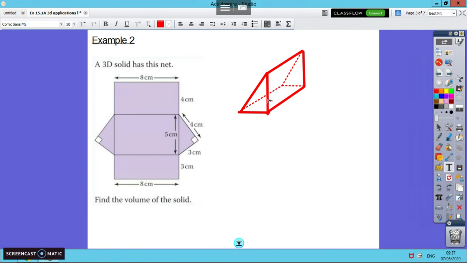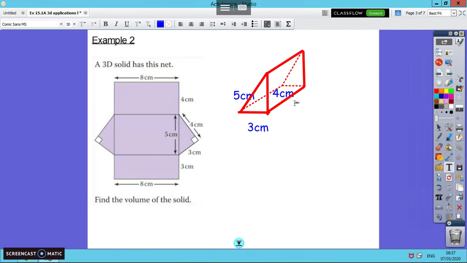So the height of your triangle is 4. Your base is 3. And your diagonal side there, which I don't think is actually necessary, I think they've thrown that in as a little bit of a red herring.